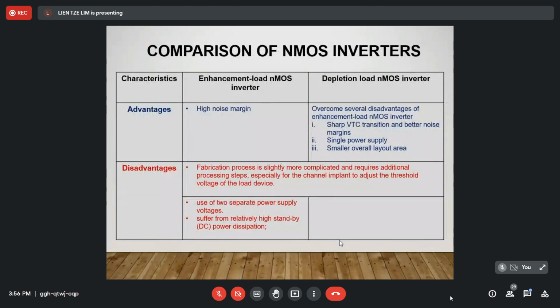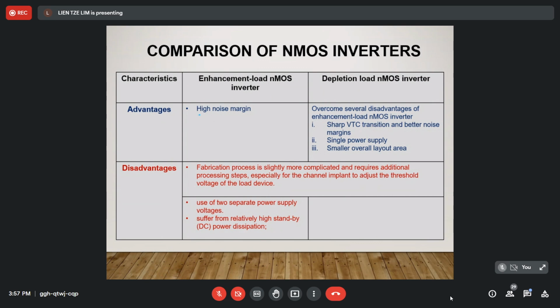This table compares the enhancement load NMOS inverter and the depletion load NMOS inverter. The comparison here is made based on advantages and disadvantages. For advantages, the enhancement load NMOS inverter has high noise margin. You must remember this one is for the linear type.